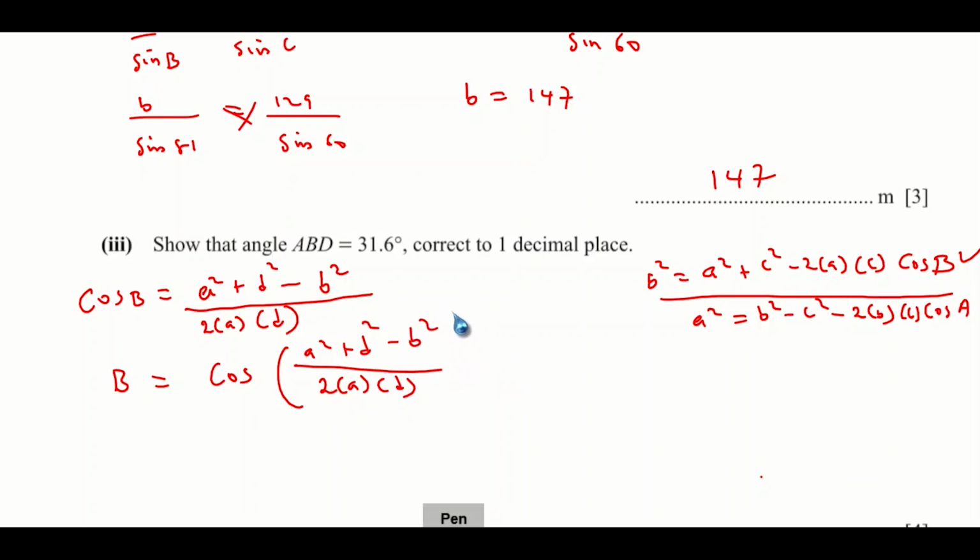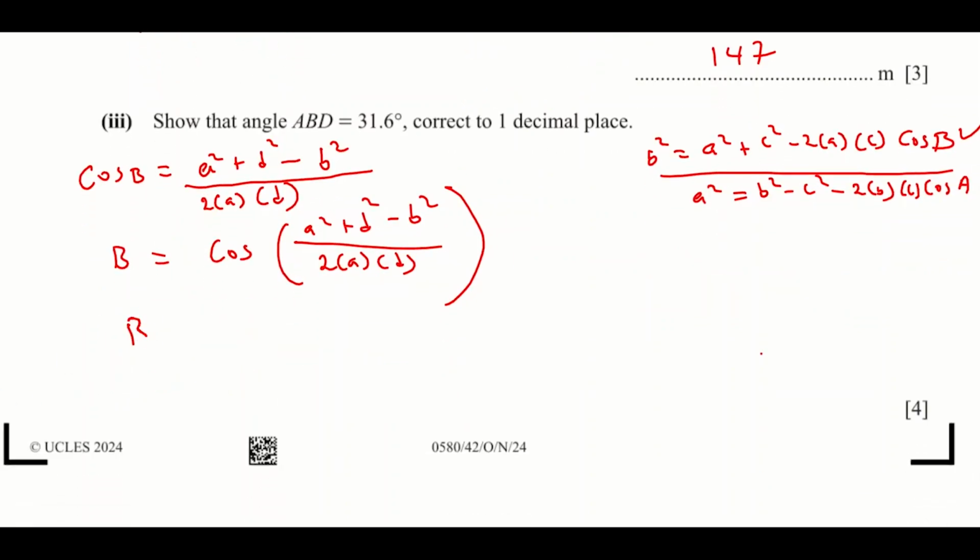So I can just key in the values now. B is equal to cos inverse, of a, which will be 129 squared, plus d, which will be 85 squared, minus b, which will be 72 squared.